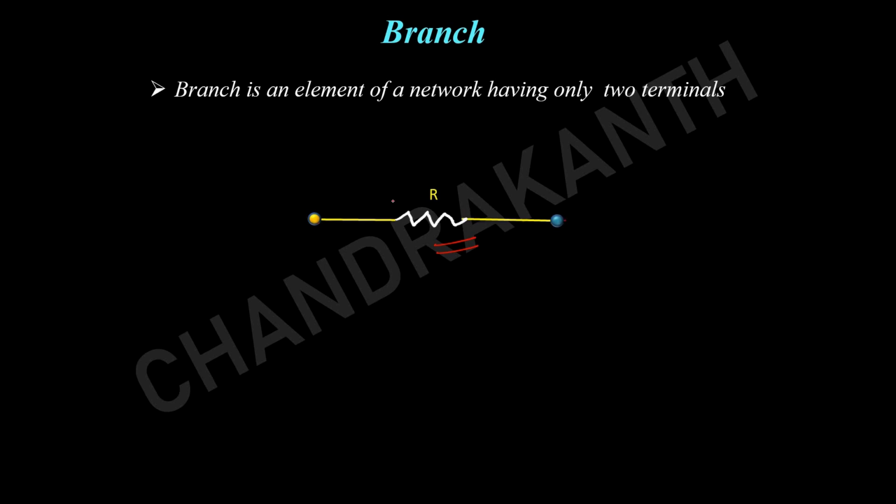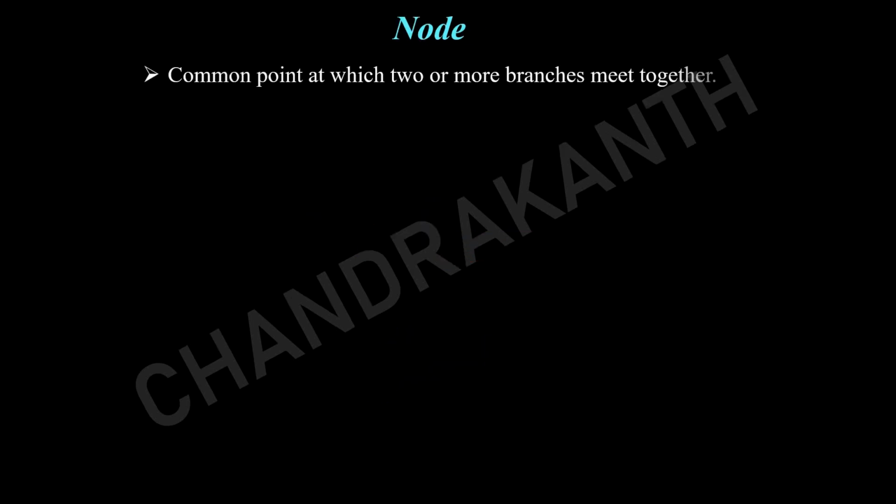This particular element is called a branch. Your branch can be of any element. It can be a capacitor, it can be an inductor, whatever it is. So every electrical element which is connected in between the 2 nodes is called a branch.